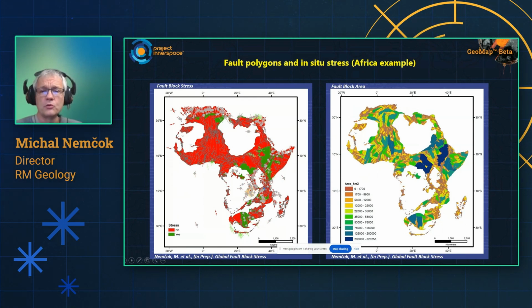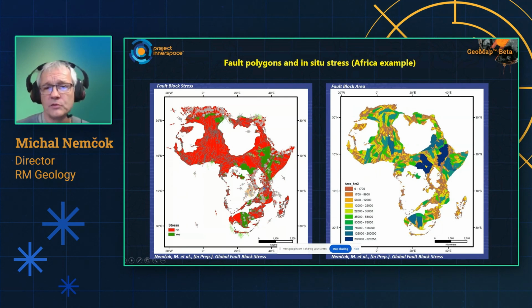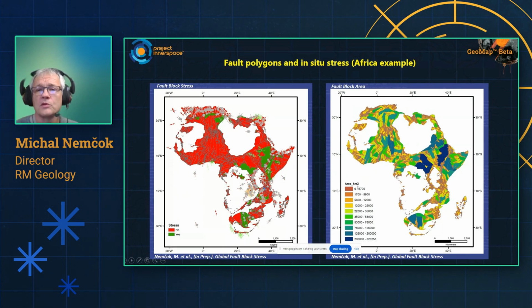What we could also do is map the size of these blocks, area, and hope that the smallest ones and their organization in certain zones really indicates tectonically most complicated regions, like orogenic belts, or here we can see beautiful highlighting of the western and eastern branches of the East African rift system.